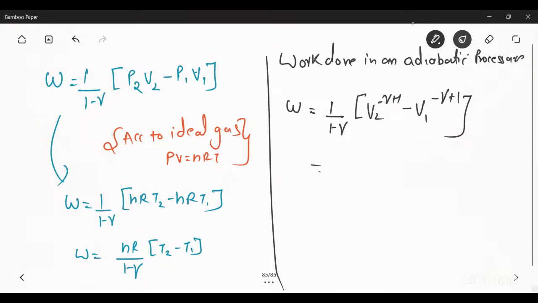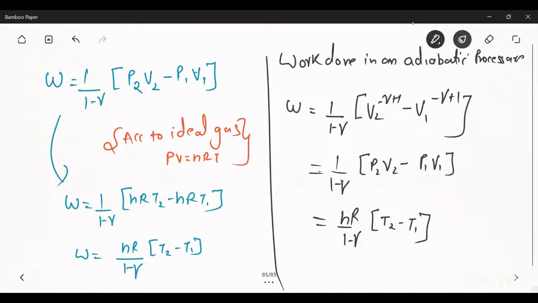Next is 1 upon 1 minus gamma times P2 V2 minus P1 V1. Next is nR upon 1 minus gamma times T2 minus T1. So these are the formulas for work done in an adiabatic process.